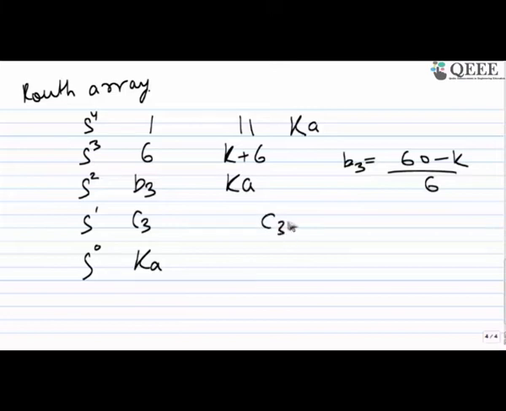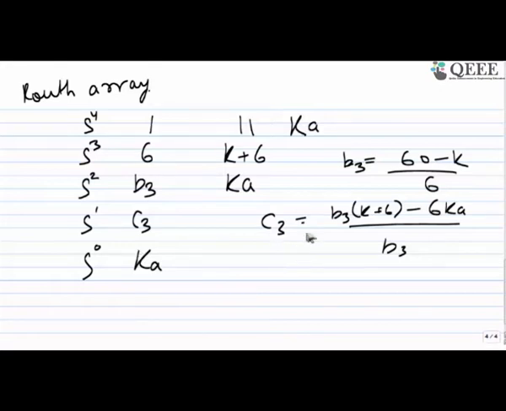Your C3 would be B3 into k plus 6 minus 6 Ka divided by B3. Okay, for the stability we need that all these elements in the first column should be positive. That is to say B3, C3 and Ka all should be positive.